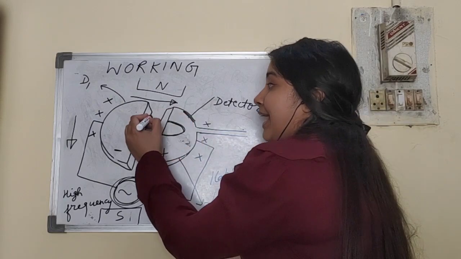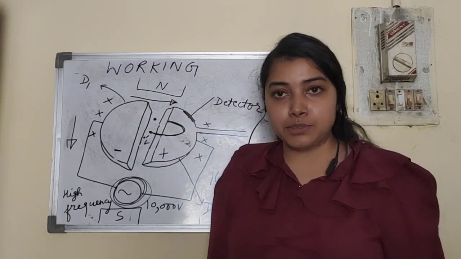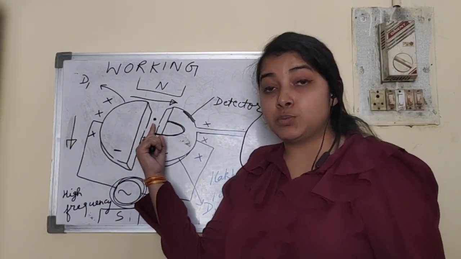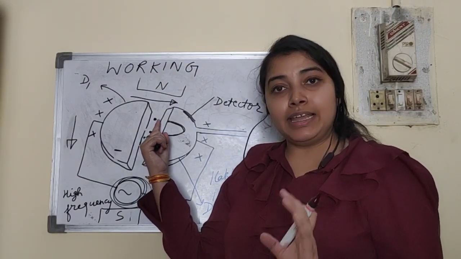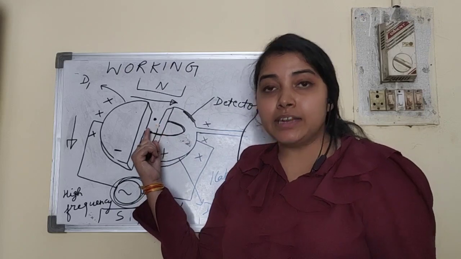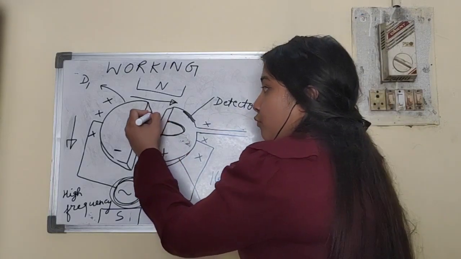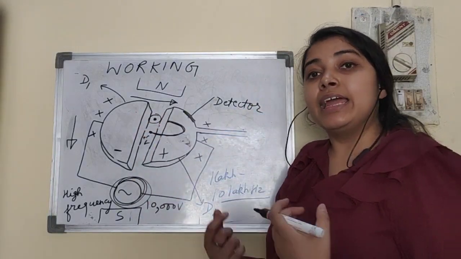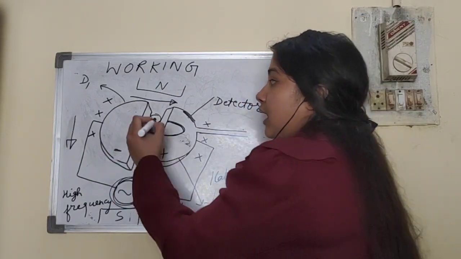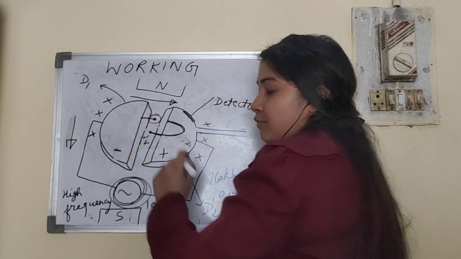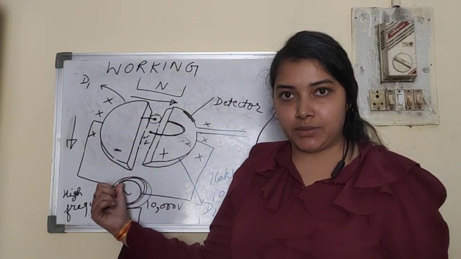When the charged particle enters in between the gaps, at that time it will again experience electric field and magnetic field both. Now we know that the electric field will accelerate the charged particle. So when the charged particle enters the region, it will accelerate, and then because of the negative charge, it will be attracted towards D1 and enter into D1.